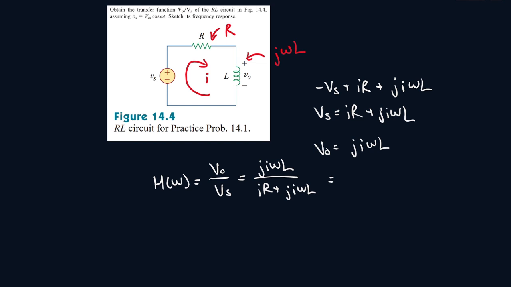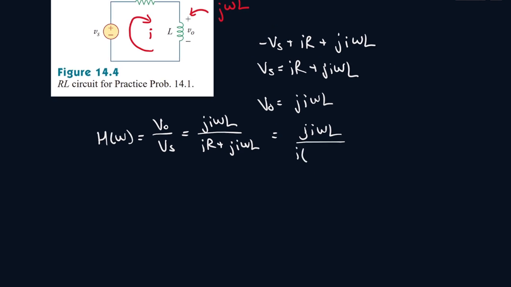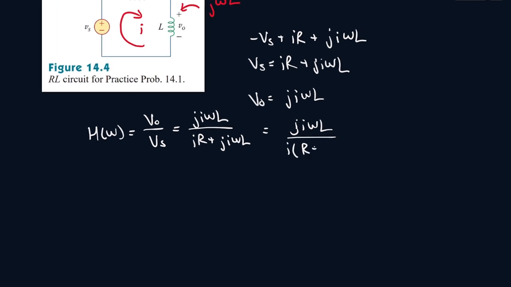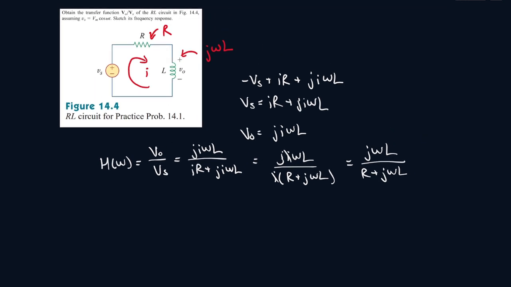Let's factor out the I. So this and this cancels out. And now we're left with JWL all over R plus JWL. So this is pretty much your transfer function.